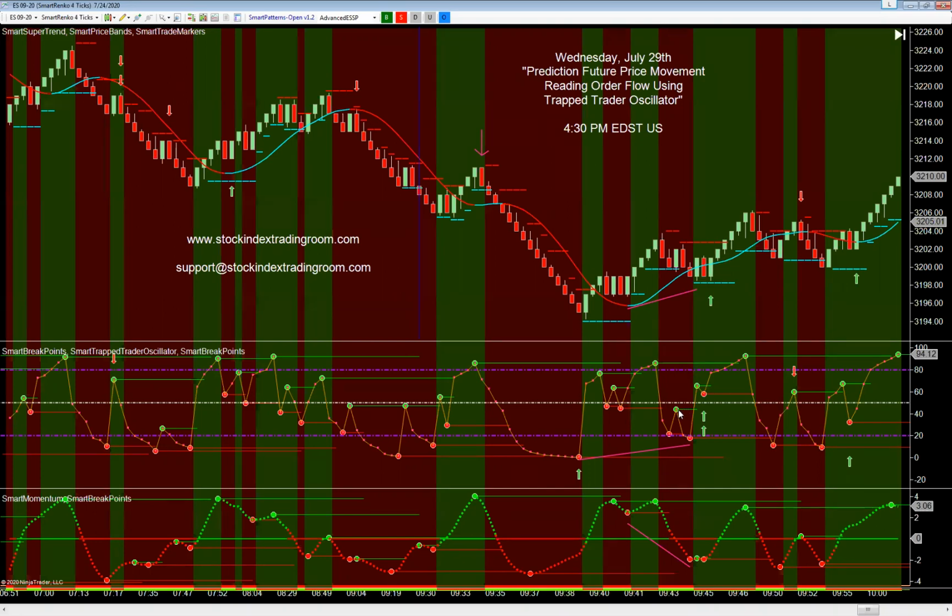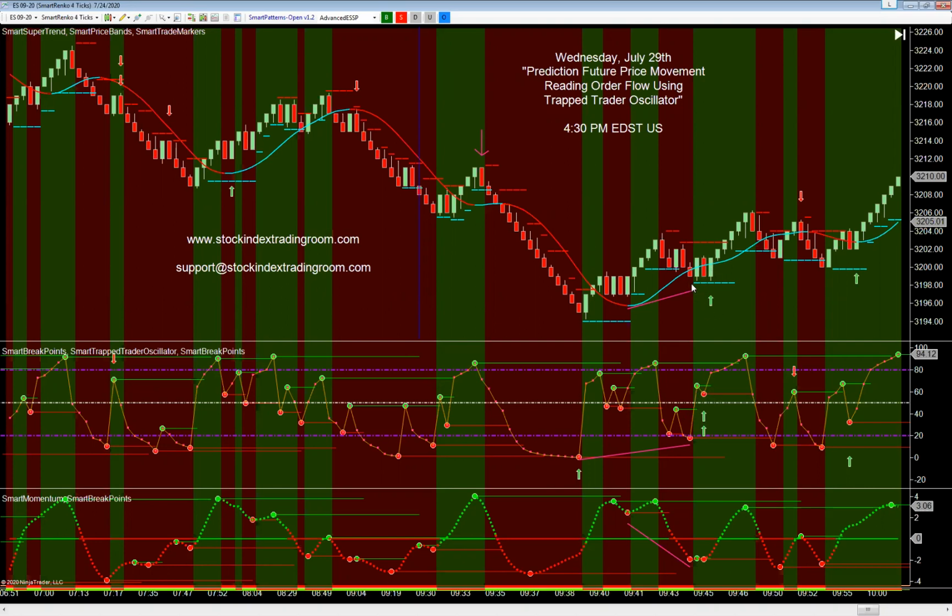Basically, we wait for a green break, and that gives us up order flow. Then we look for a continuation bar that doesn't give us a significant sell order flow contrary to that, so we can expect continuation.